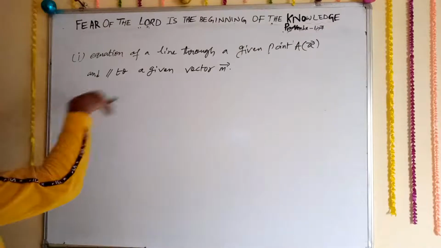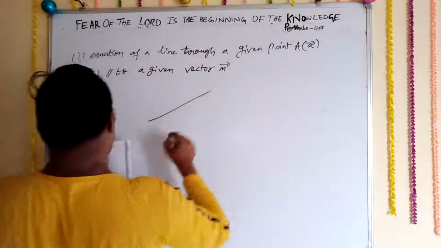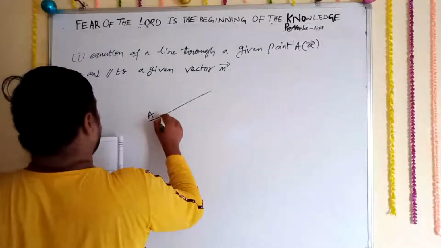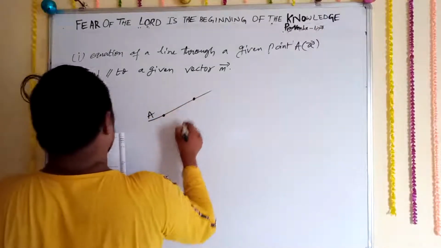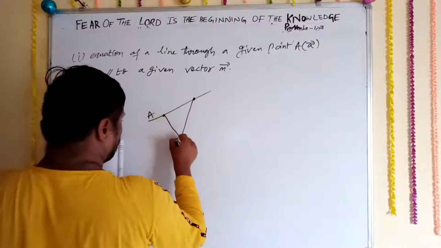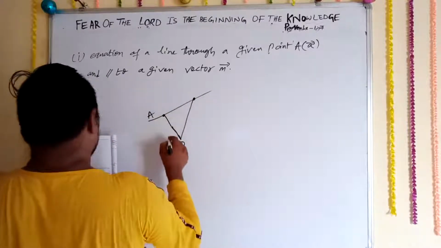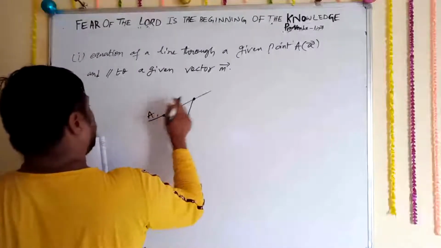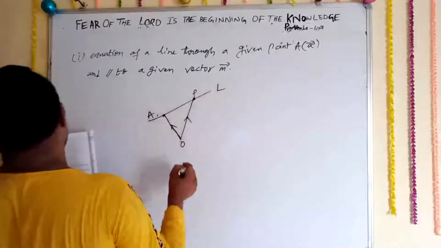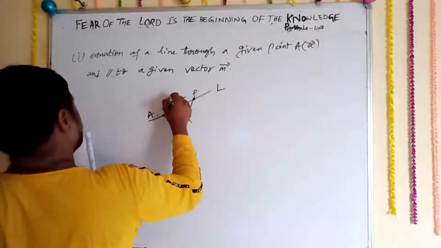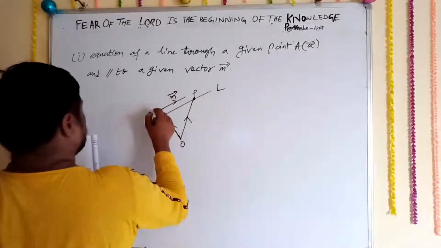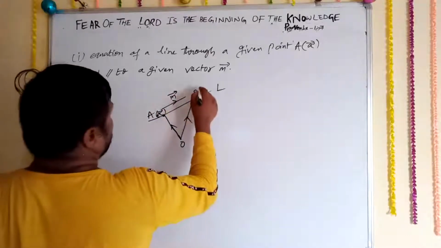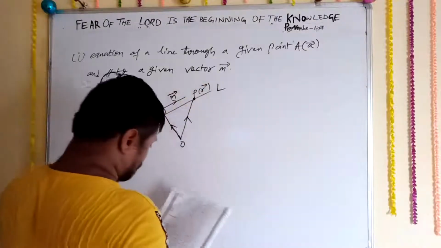Now I am going to solve it. This is our diagram. So that is A, and let me draw here. This was your O. So O, A, P, and this line is L. This was the m vector, and this is your A vector. OP is nothing but your r vector.